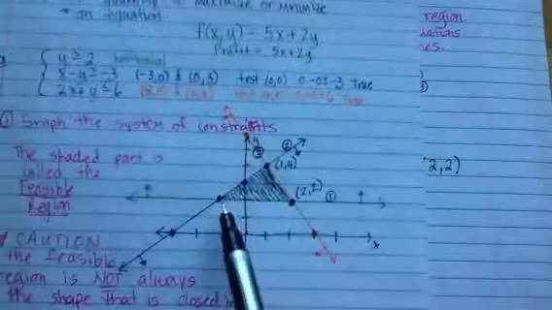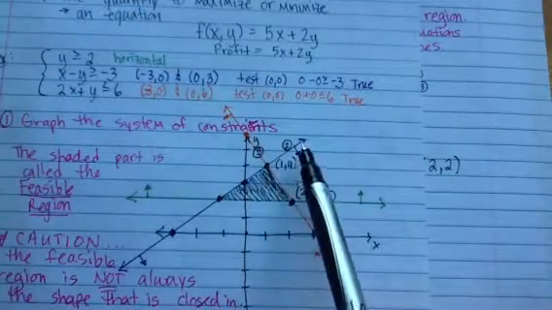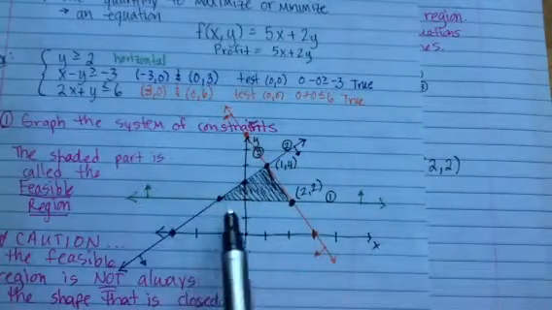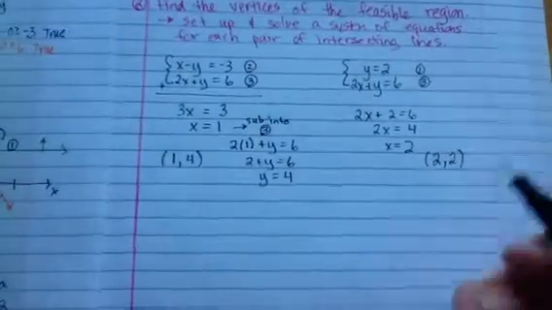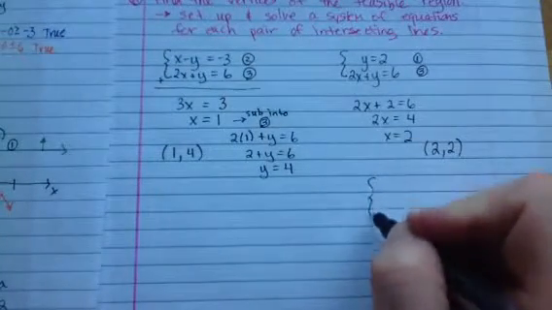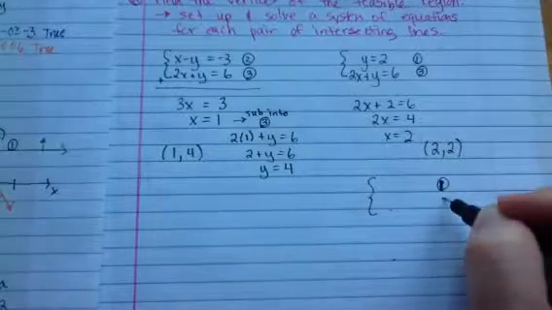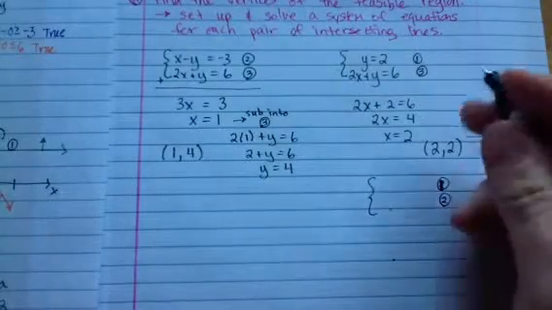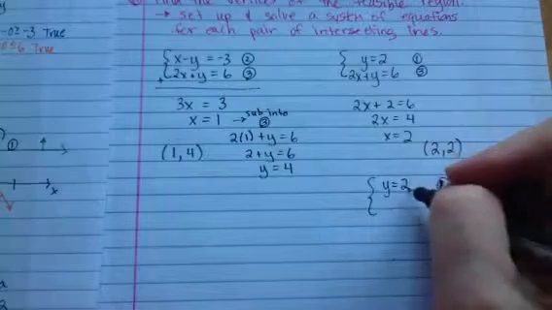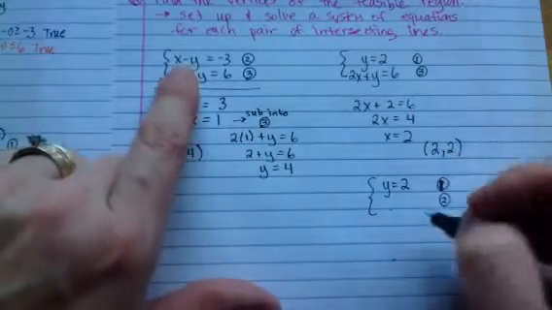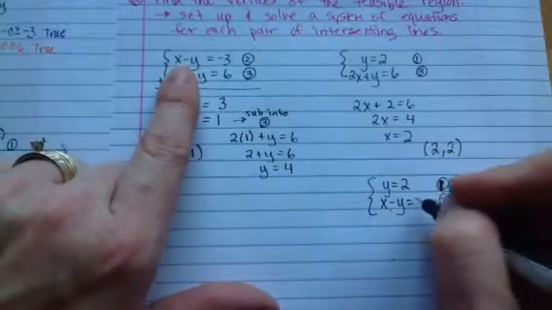And then we just have this third vertex to find, which is the intersection of line 2 and line 1. So I'll set up my third one. Equation 1, oh, I should put 1 first. Equation 1 and equation 2. Equation 1 was y equals 2, and equation 2 was x minus y equals negative 3.